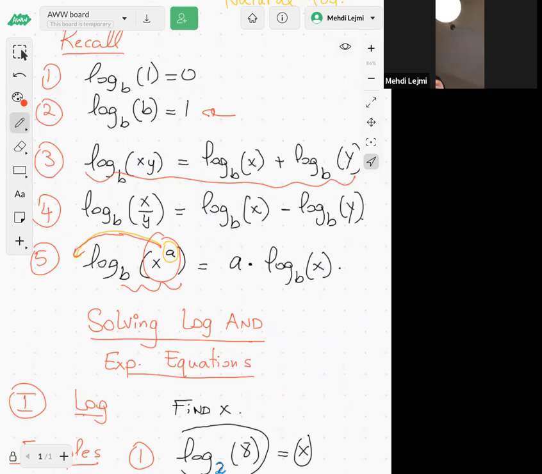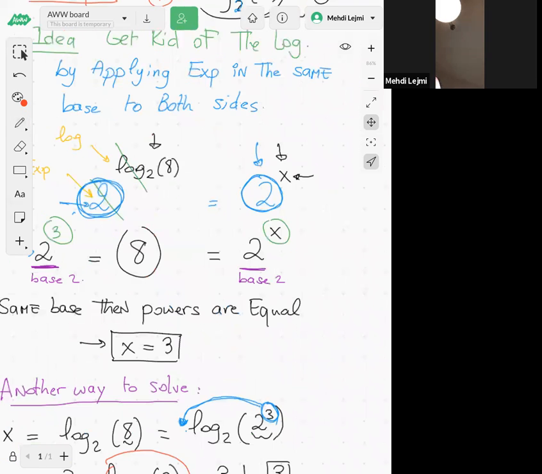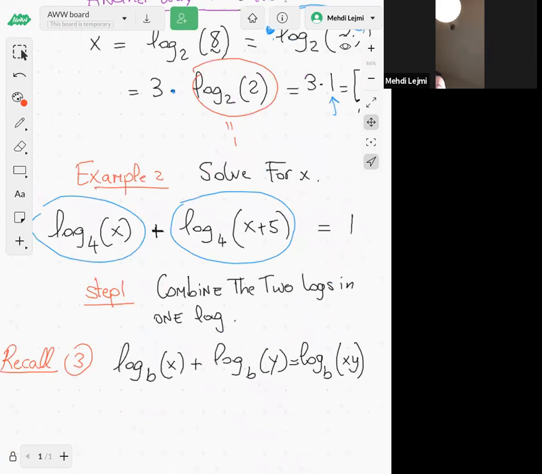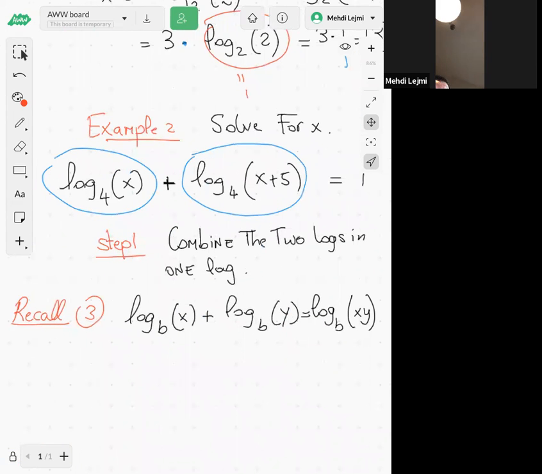So as you can see here, we have a log of the product, log of x times y. It's equal to the sum of the 2 logs, right? So that's exactly what I'm saying here. So I'm gonna try to use this property to combine these 2 logs. I have a sum here. So be careful, guys, because there's a difference between a sum and subtraction.